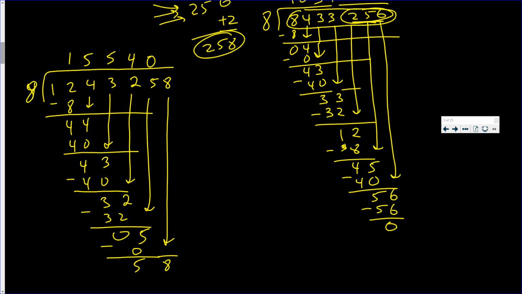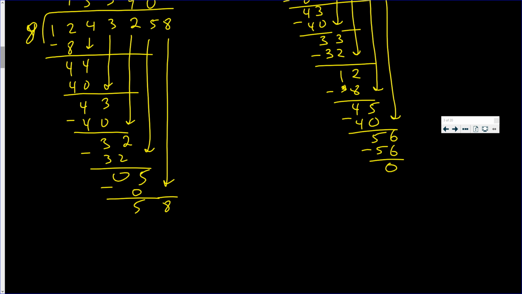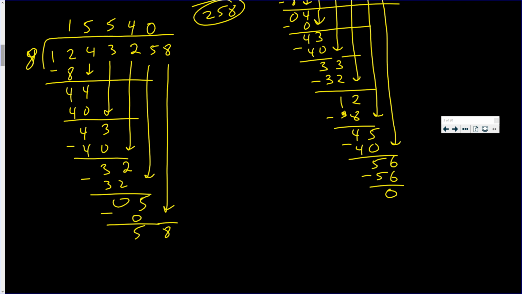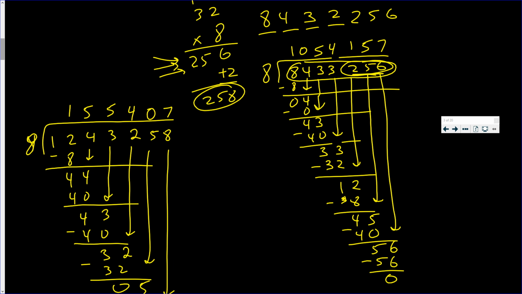And here's the problem. 8 goes into 58 7 times with the remainder of 2. Of course the remainder is going to be 2 because I took a multiple of 8 and I added 2 to it.